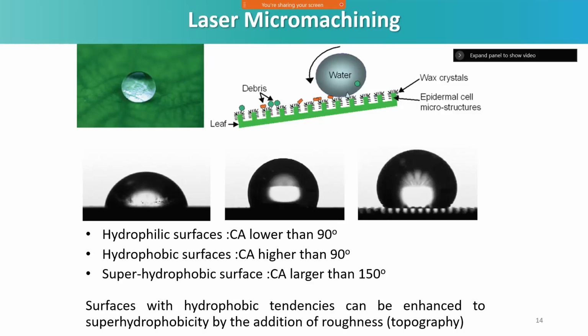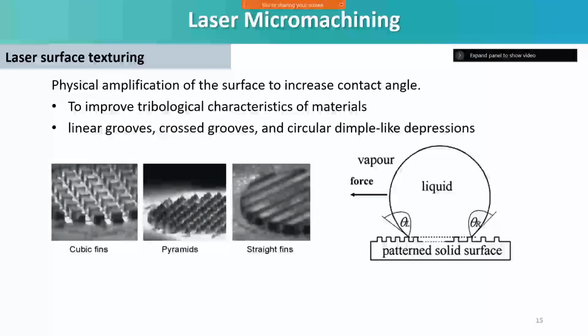Generally, if you have a hydrophobic surface, you can make it hydrophilic, or if you have a hydrophilic surface, you can convert it into hydrophobic by appropriately changing the contact angle with the material that is coming in contact.